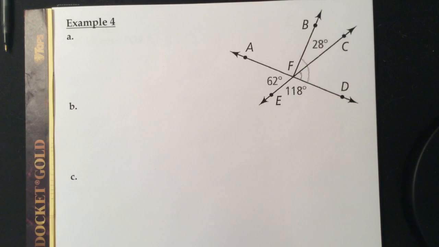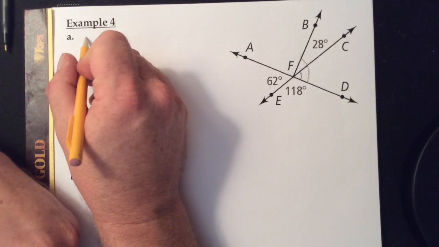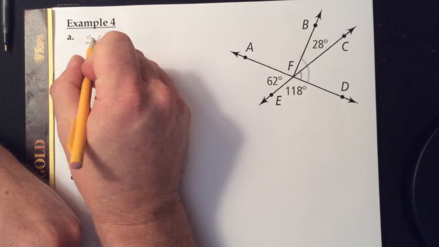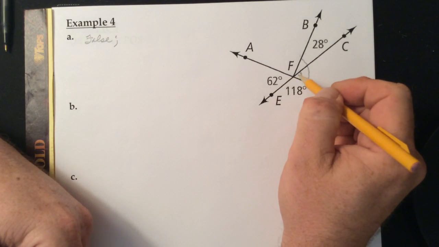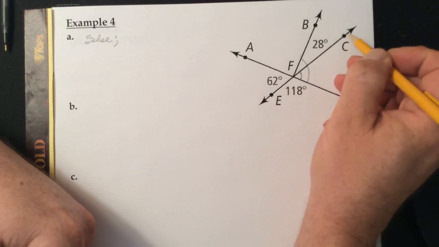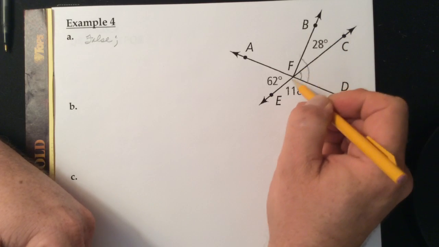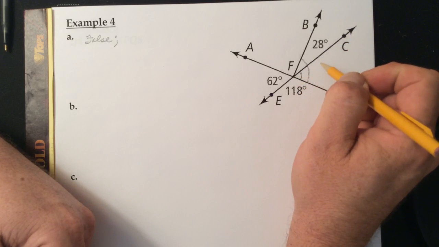Now, they seem to have something to do with each other. Are they adjacent? No. False. Aren't they adjacent? Well, they share a ray together, but they're not adjacent. They overlap.